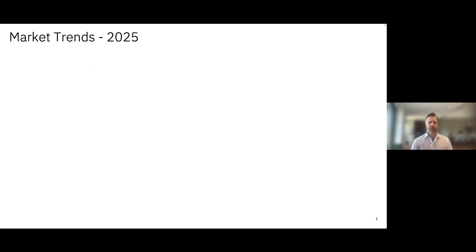So the market trends, and we're going to go over a few specific items here, but ultimately technology footprints are quickly expanding in size and scope. It's becoming increasingly distributed and complex, and it's making it impossible to manage by traditional methods. So think spreadsheets, manual processes, homegrown tools.